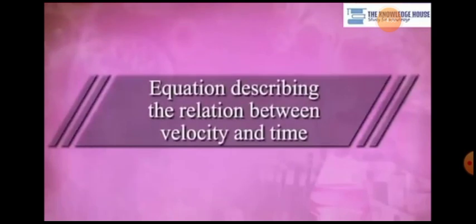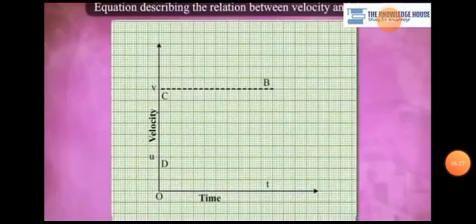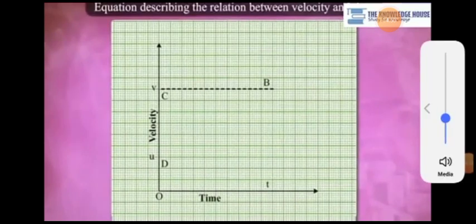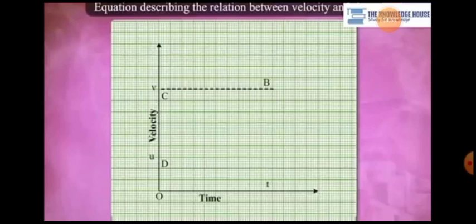Equation describing the relation between velocity and time. The figure shows the change in velocity with time of a uniformly accelerated object. The object starts from point D in the graph with velocity u.